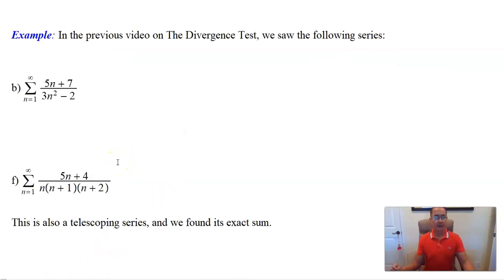All right, so in closing, let's go back this time to the divergence test, or test for divergence, where we saw these two examples. And I'm using the same letters that we used in that video so that you can find them if you want to go back and review that video, which I would recommend. So we have summation n equals 1 to infinity 5n plus 7 over 3n squared minus 2.